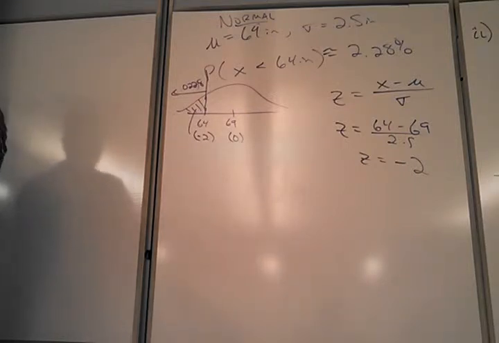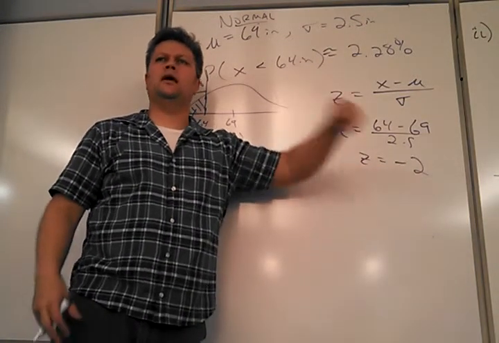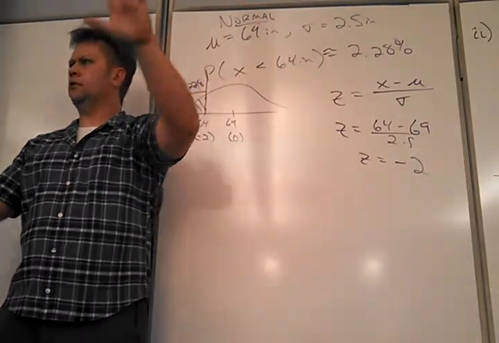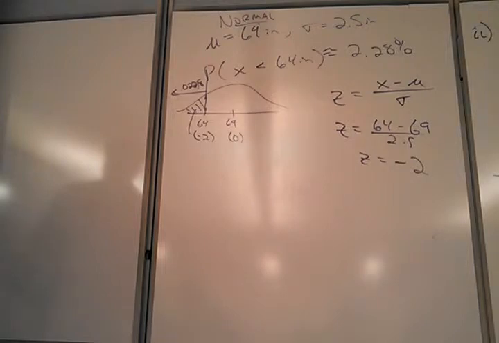Is there a way to find it without using the chart? You can find it with the calculator, or you could do the calculus and integrate. This chart actually came from a computer that was programmed by somebody who knows calculus. They set up the integration, and it came up with these areas. So really, the computer calculated the area that's here.